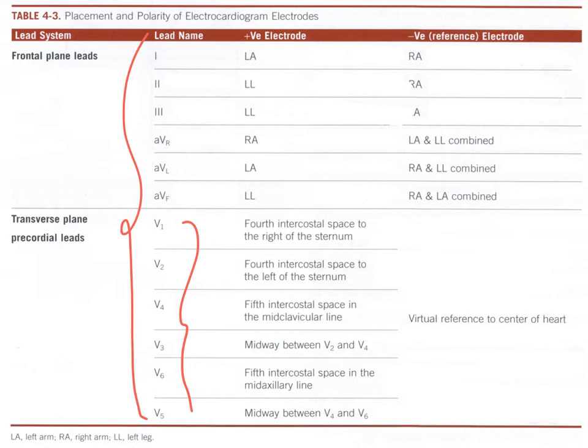But the take-home message here is that all we're trying to do by placing all these different leads in a patient is to look at the electrical activity going through the heart, so we can get important information on which part of the heart is getting appropriate electrical conduction and which one is not.